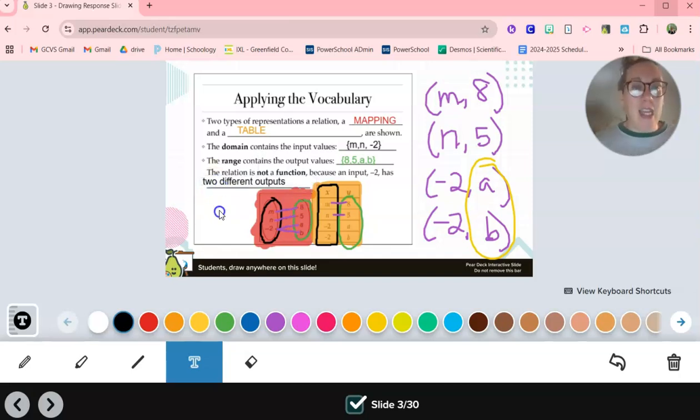And that's bad. It's still a relation, but it's not a function. Because if we input a negative 2, we don't know if we're going to get an A or a B out. And with a function, you have to feel confident that you know what output value you're going to get. And we'll look at more examples of this as we continue. But when you have everything you need here on this screen, push ahead to slide 4.